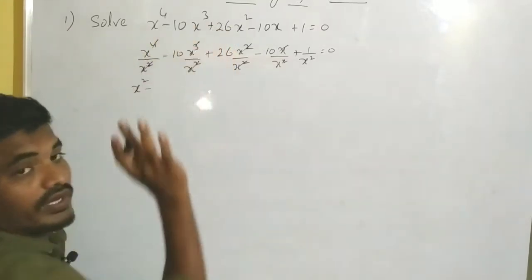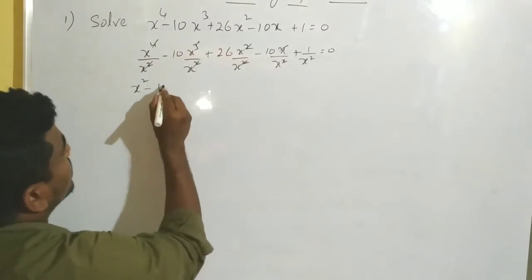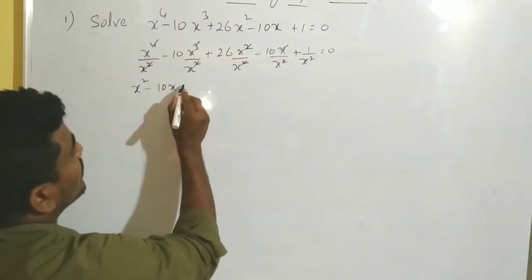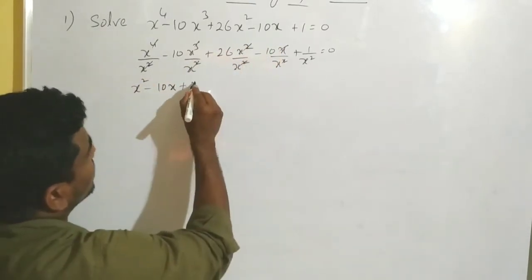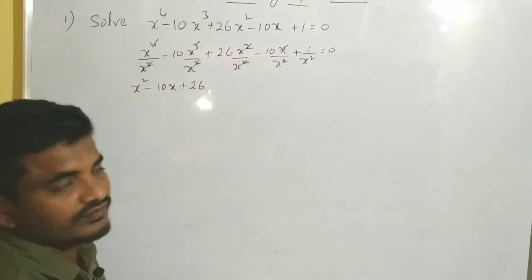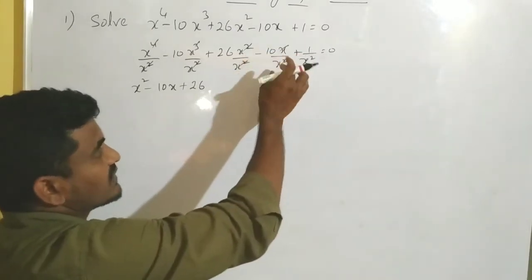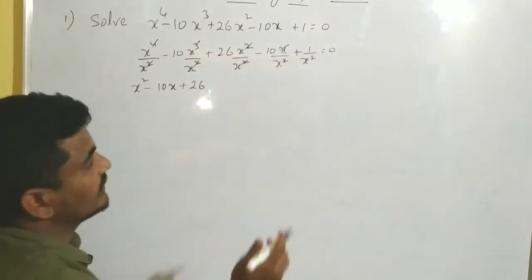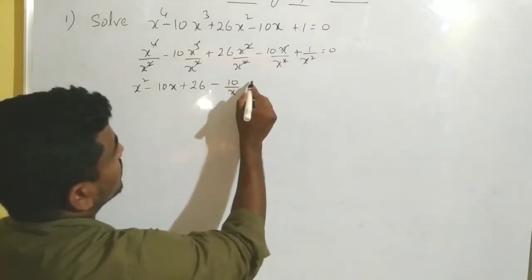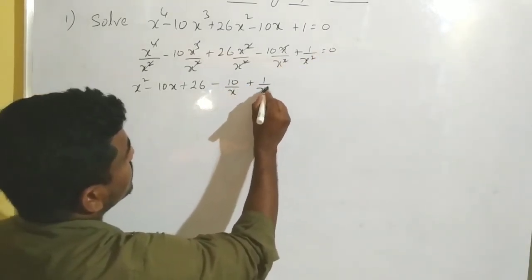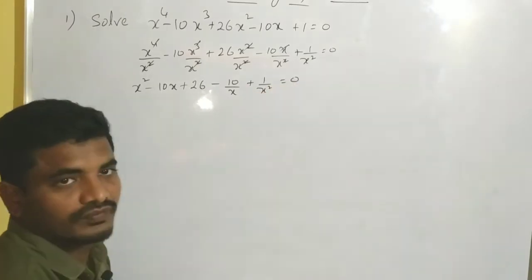In the second term, x square cancels and one x is left, so minus 10x. In the third term, x square is completely cancelled, so only the number 26 is left. And in the next term, x and x cancel, leaving one x in the denominator, so plus 10 by x, and then 1 by x square equals 0.